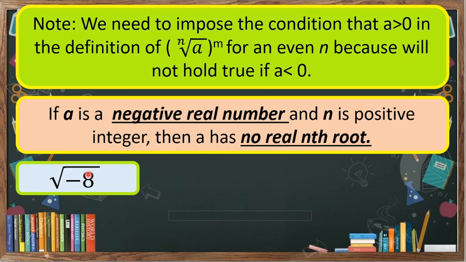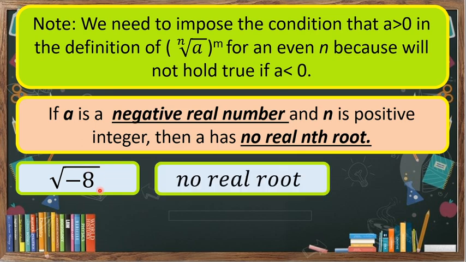No, because if you multiply even numbers, or even if you count into even numbers those factors of our radicand, we cannot get a real solution. As long as the index is even and the radicand is negative, therefore there is no real root.